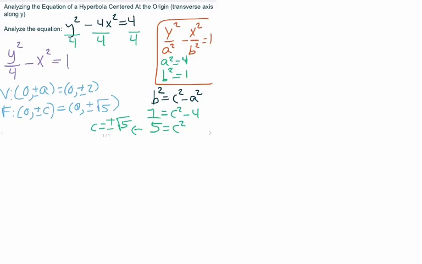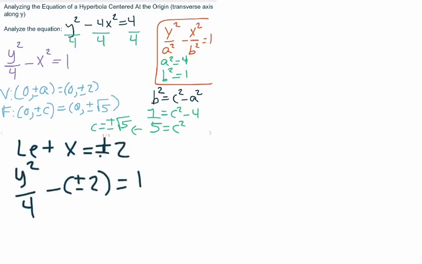To locate other points on the graph, we'll let x equal plus or minus 2. That gives us y squared over 4 minus plus or minus 2 squared equals 1, which becomes y squared over 4 minus 4 equals 1.